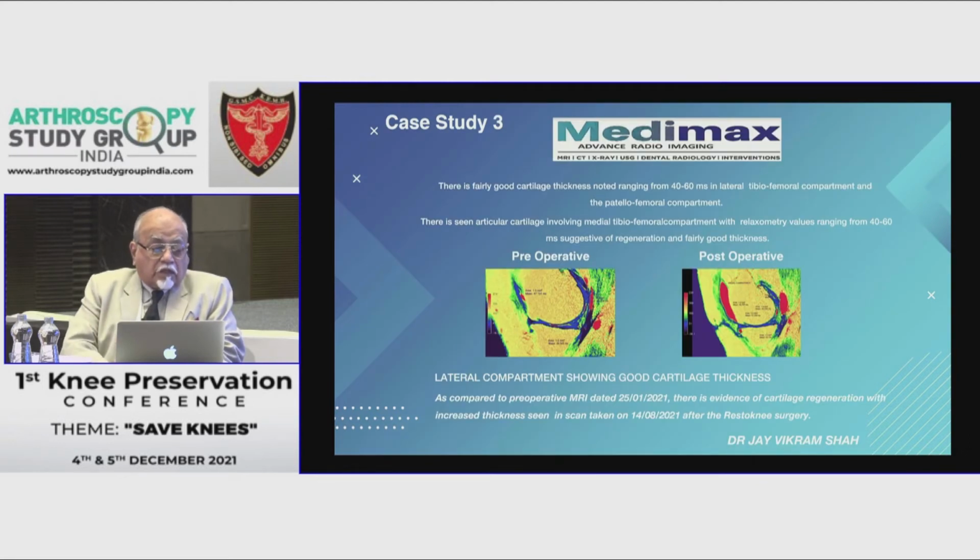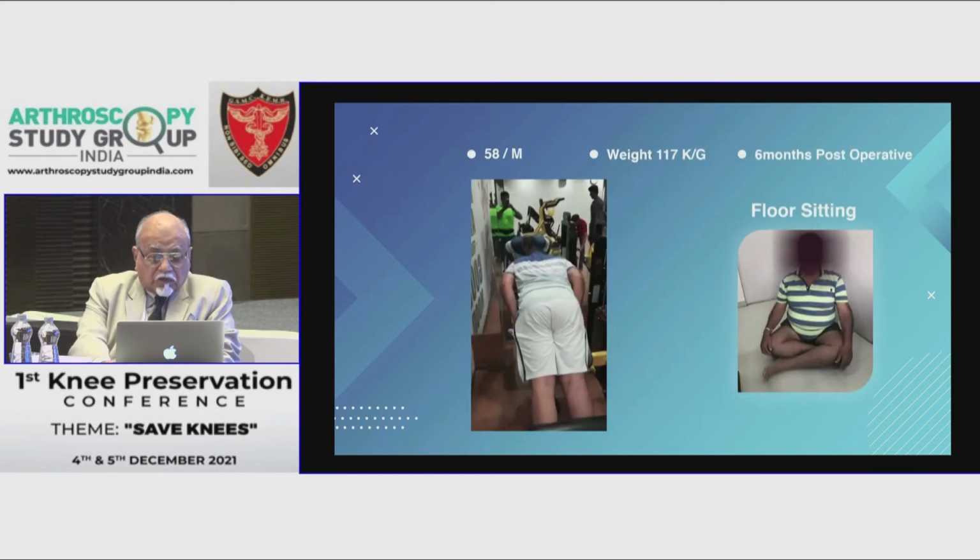The study of MediMax: as compared to the preoperative MRI dated 25/1/2021, there is evidence of cartilage regeneration with increased thickness seen in the scan taken on 14/8/21 after the Restoni surgery.